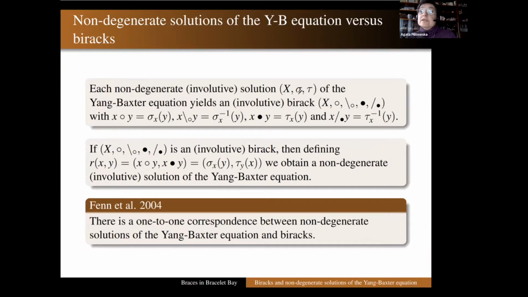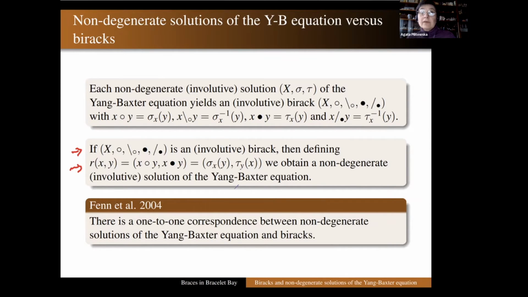The converse is also true, because if we start with a Birack, then we can, in a very natural way, define a mapping R. When we take as an operation sigma the result of left multiplication of x by y as the first coordinate of this mapping, and the result of right multiplication as the second coordinate, we obtain a non-degenerate solution of the Yang-Baxter equation.